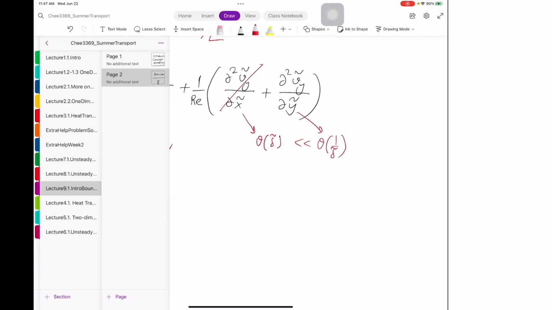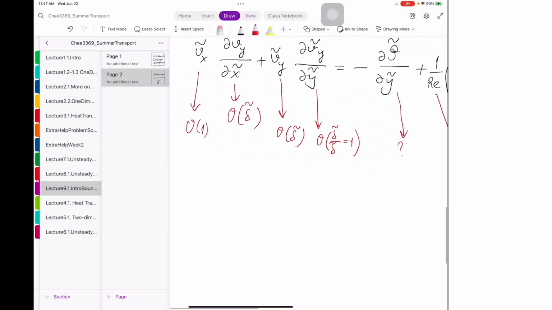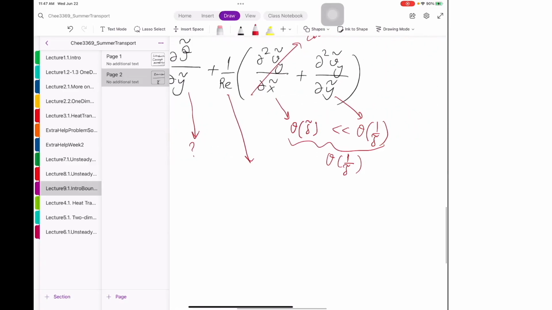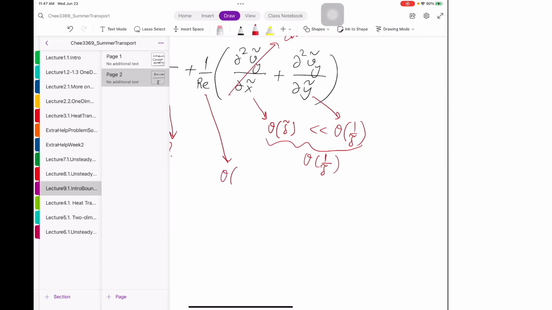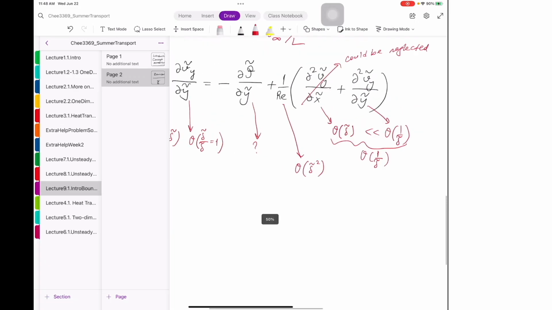So you can neglect this. And this one, since this entire thing has the order of 1 over delta tilde, this one must have the order of delta tilde squared, right? As we had found before, consistent with our earlier finding.